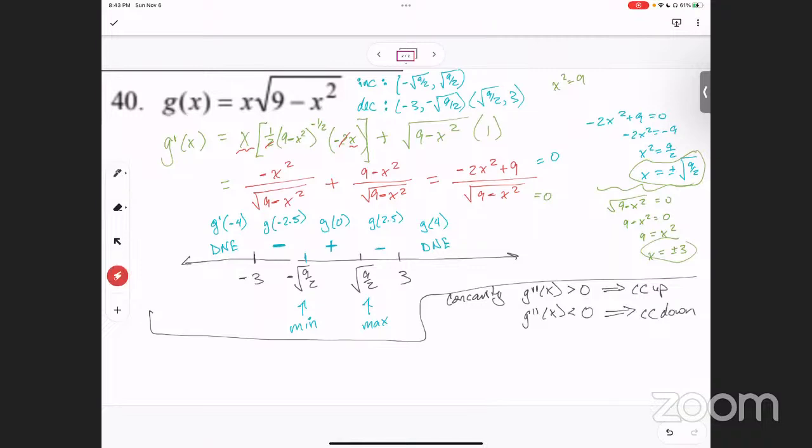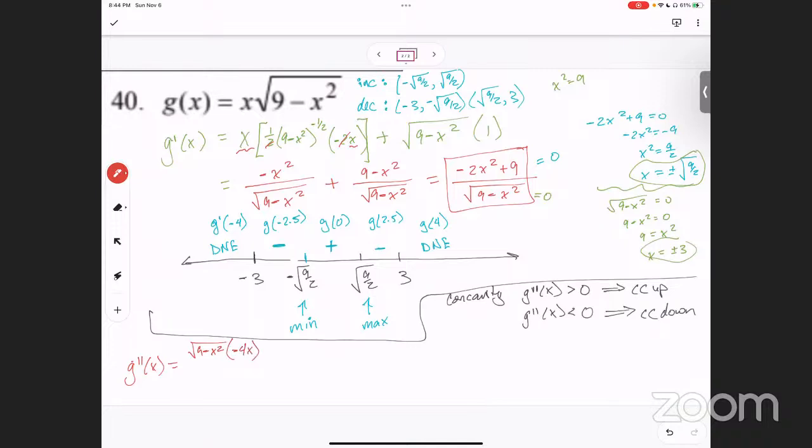So here's what I'm doing now: I'm taking the derivative of this red thing, because that's my single derivative. What am I going to have to do to find the derivative of that? Quotient rule. Very good. So it's low d high, which is what?